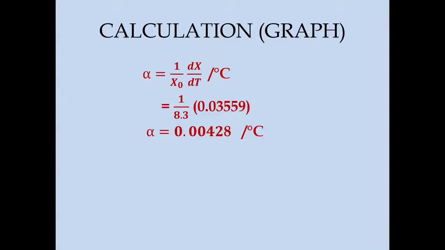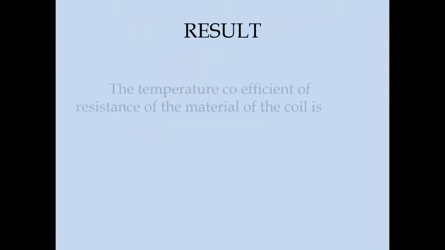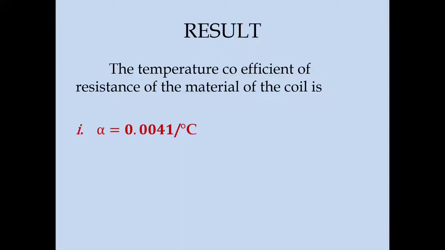The formula is alpha is equal to 1 divided by x0 into dx by dt per degree centigrade. So x0 we got as 8.3, and dx by dt, that is the slope, is 0.03559, and we got the value of alpha as 0.00428. So we can present our results as the temperature coefficient of resistance of the material of the coil.